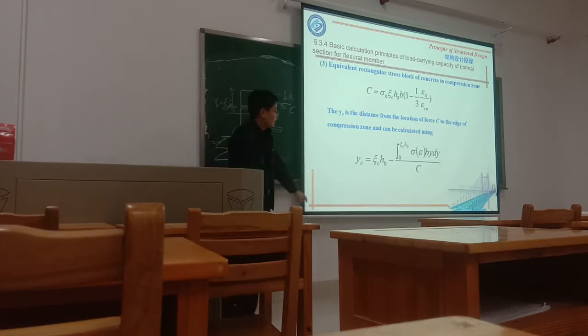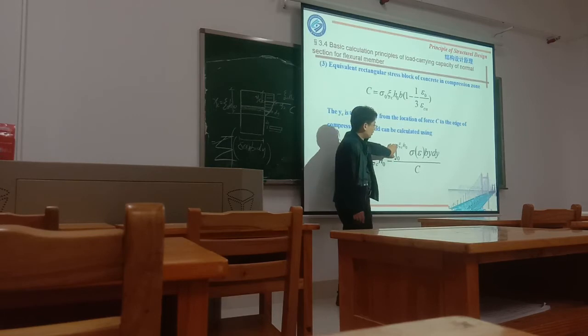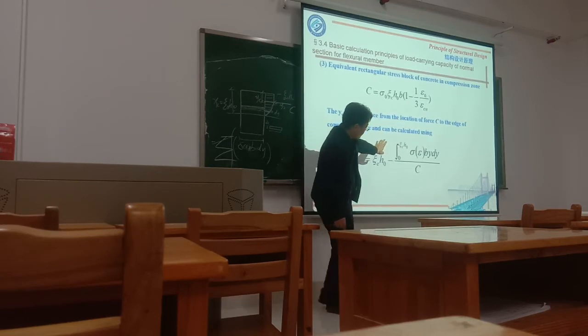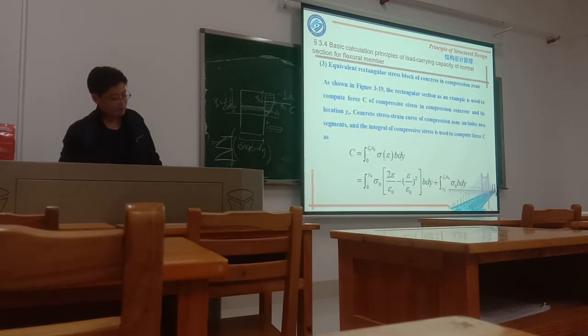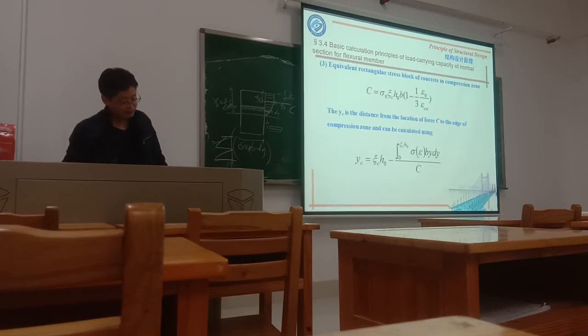You see this integral, what's the difference with the former one? You see this one, from 0 to cos C H0 and sigma B dy. And here, also from 0 to sigma, but here it is dy to dy. Another way.